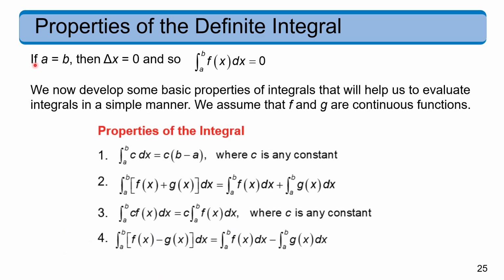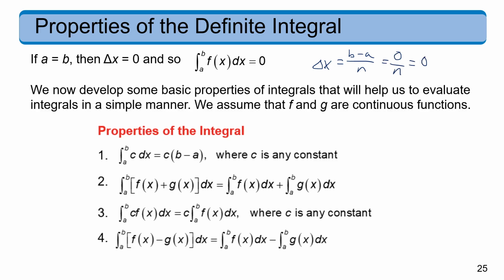The next property has to do with what happens if your limits of integration a and b are actually the same. What would the integral be? Well, in this case, the x interval has no width. If you think of the delta x formula, it's b minus a over n, but if b and a are equal, then the numerator is 0, so 0 over n is 0.